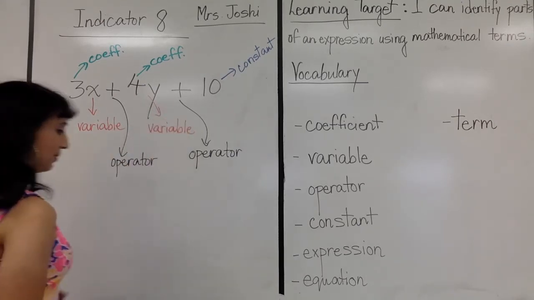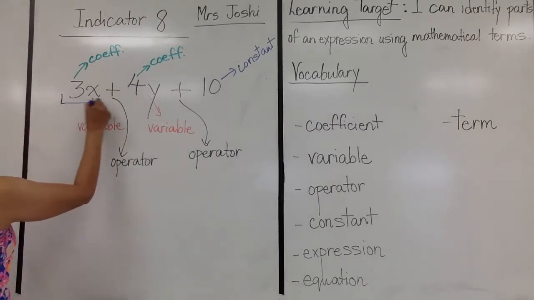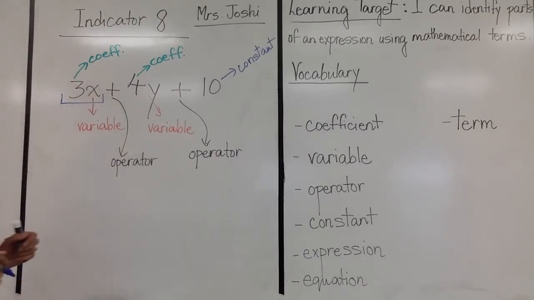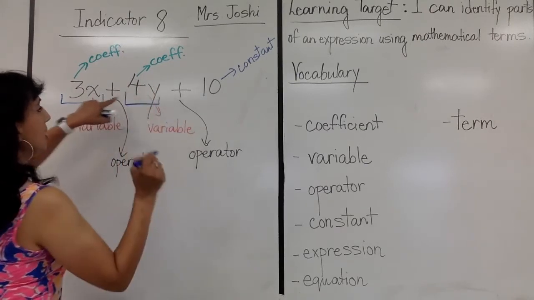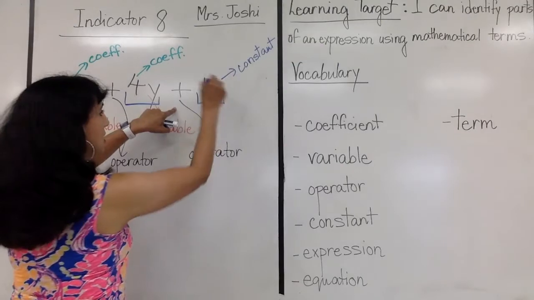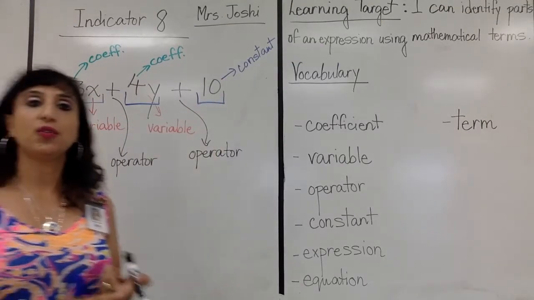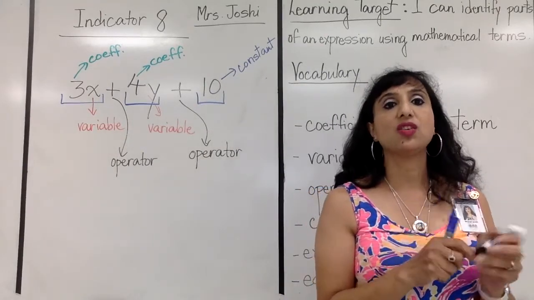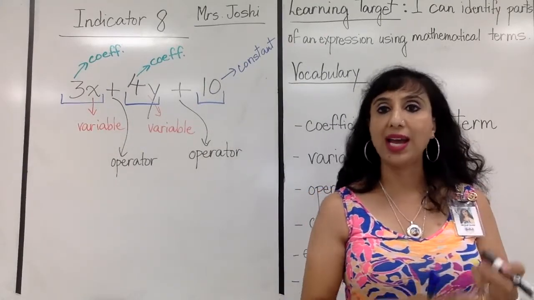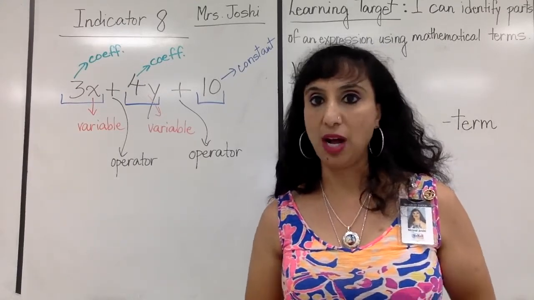So if I look at this, we have a number and variable which are multiplied together, separated by addition. Here's another one, separated by addition. So my terms here are 3x, 4y, and 10. These are my 3 terms in this problem.